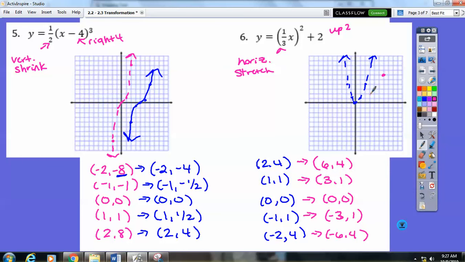And we are going to go up 2. If we have 0, 0, that's going to stay.